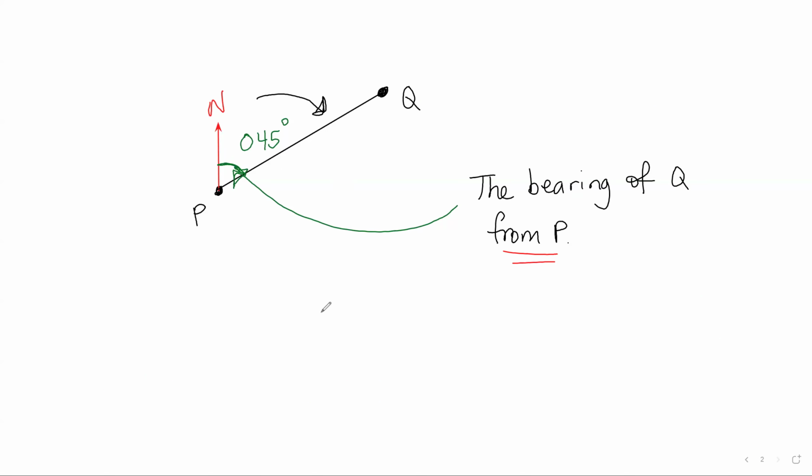So let's say, go to the next page. Say we have a point B and a point A, right? And I want to know the bearing of B from A. Somebody tell me what is the starting point? Is B or A the starting point? Where would I put my north line? B, miss.